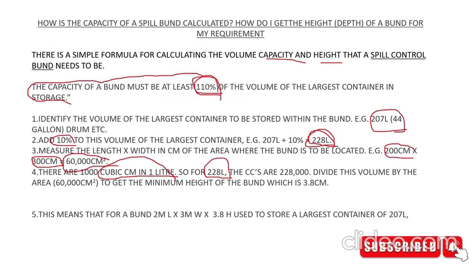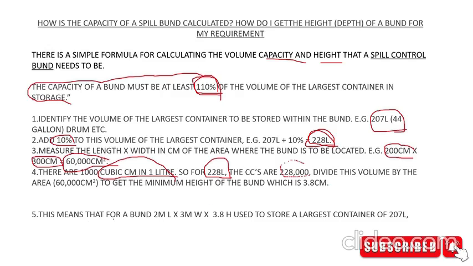If you multiply 1000 by 228 liters, the answer you will get is 228,000. Divide this volume by the area which we already got, to get the minimum height of the bund, which is 3.8 centimeters.